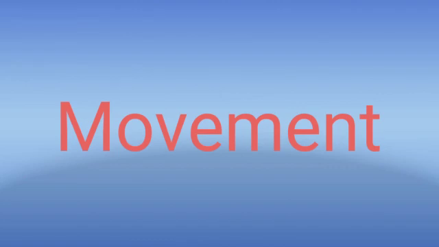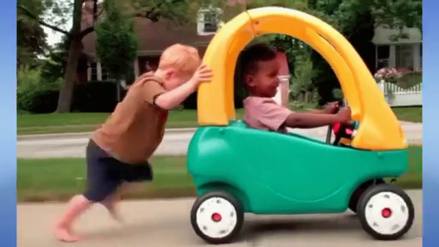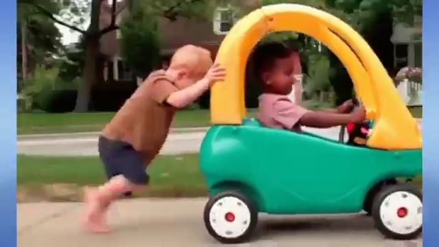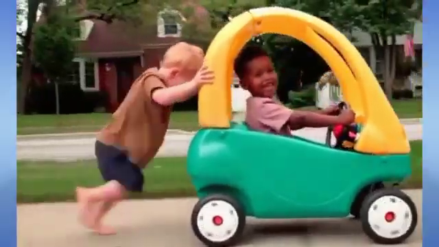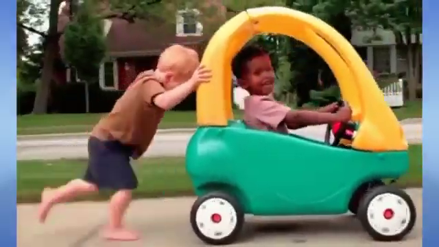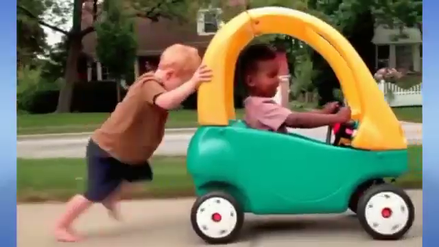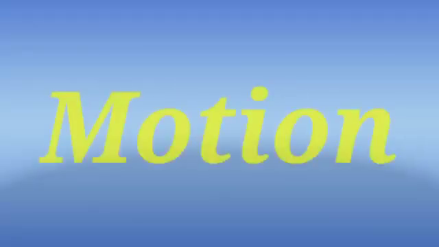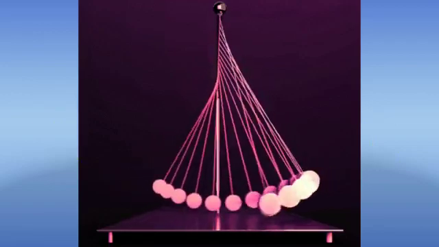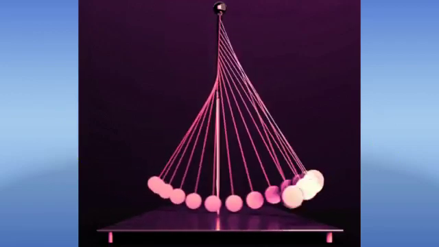Change in position of an object is called movement. Action is the motion which gives the required result. When an object or a thing moves from one place to another, it is said to be in motion.